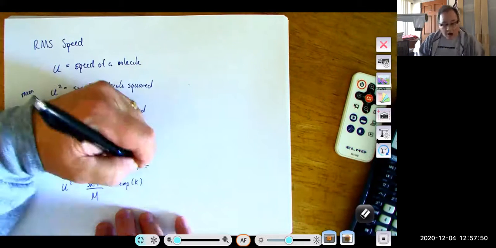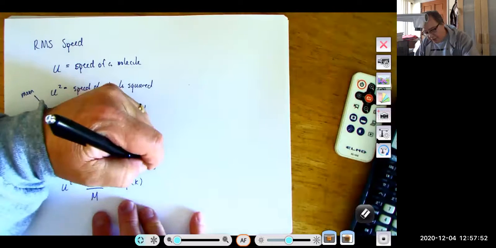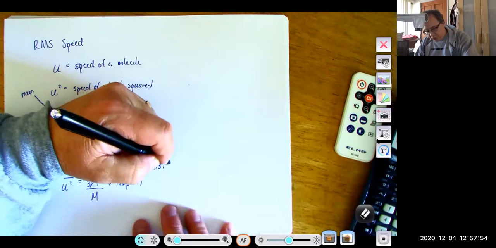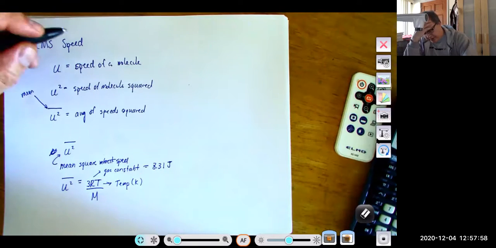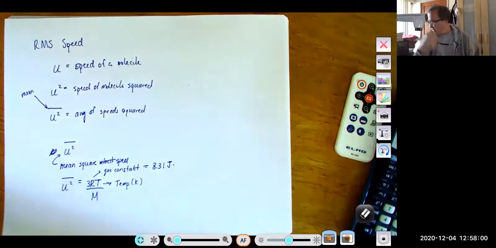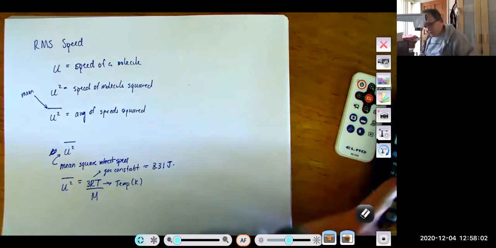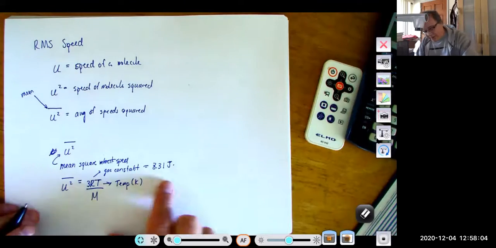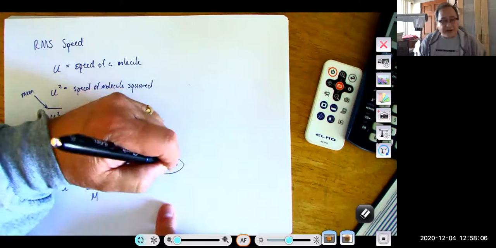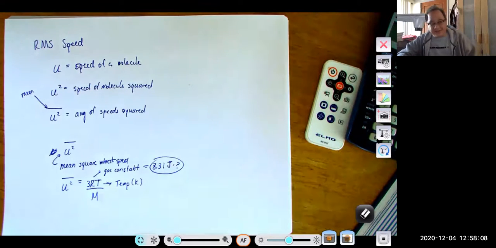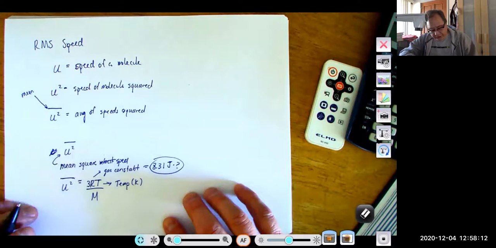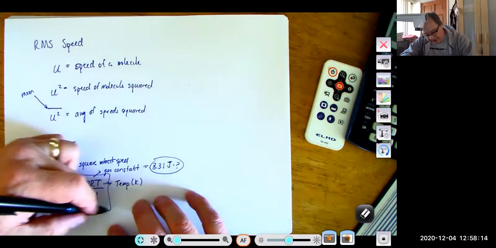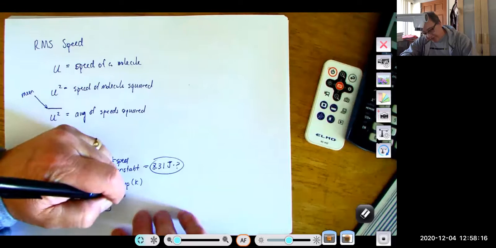And this R is actually like 8.31 joules. I can't remember now, joule seconds or something like that. I have to look it up. I'm going to put a question mark there, and you don't need to know what it is. Okay. So this is a very useful equation, and this is the molar mass.